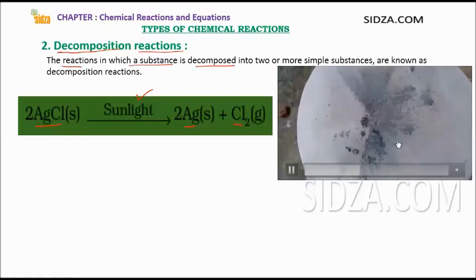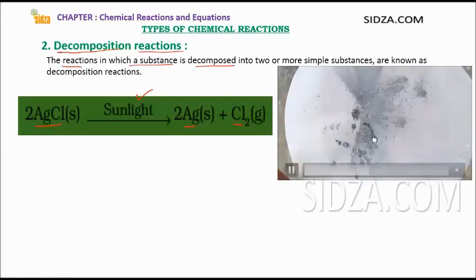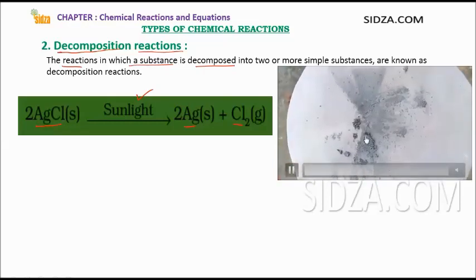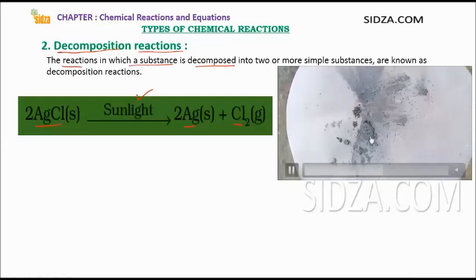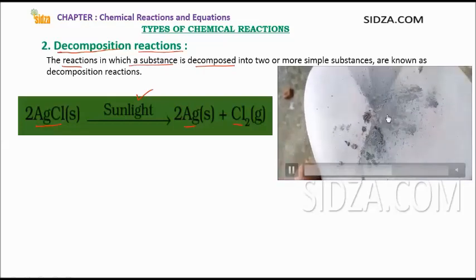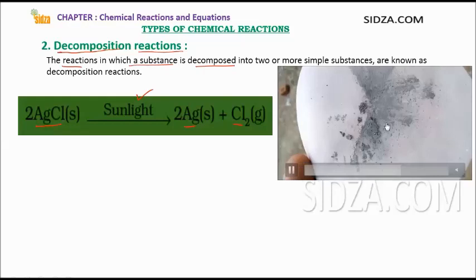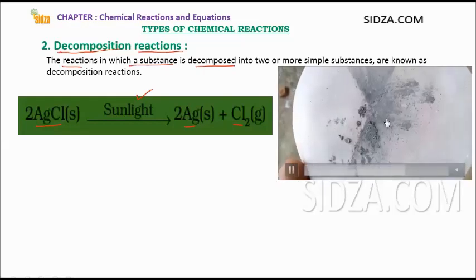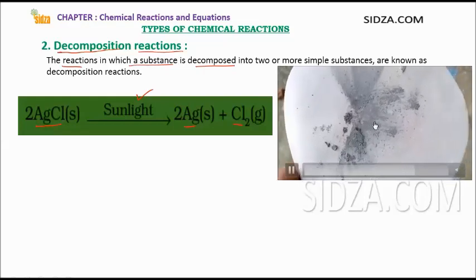Now it's a gray color, right? Why? Because silver chloride on exposure to sunlight gets decomposed. It forms silver and chlorine. So this is the silver you get here, and the chlorine gas goes into the atmosphere. This is one simple example of a decomposition reaction.